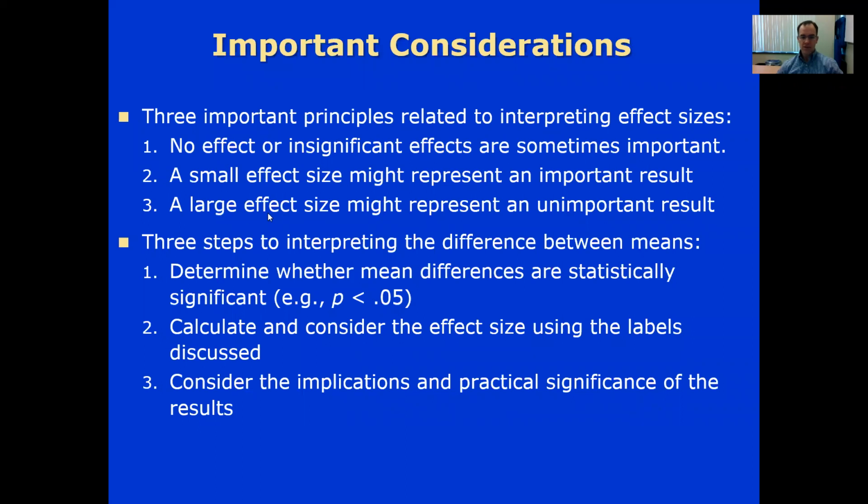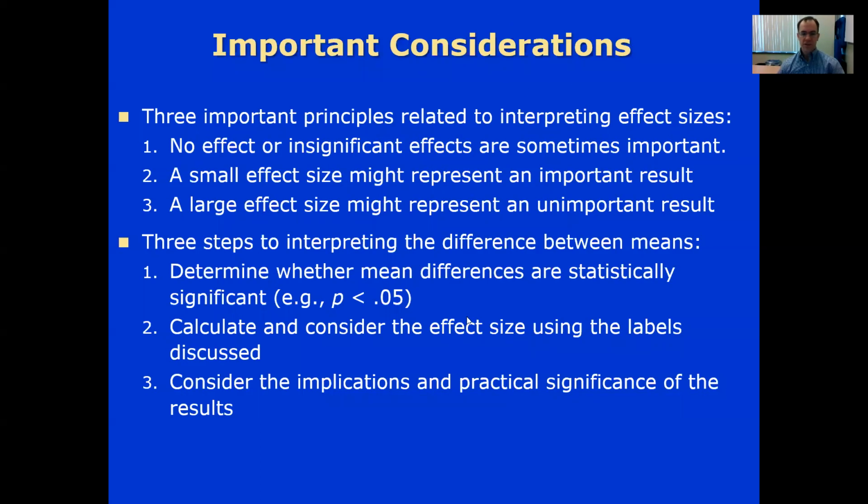Now, thirdly, a large effect size might represent an unimportant result. Say, for example, you might have an effect size of 0.8, which is a large effect size, but you'd have to take into consideration the amount of time, cost, and effort to get that type of effect size. Is it really realistic for a population to do whatever the intervention might have required to see that effect size? So you'd have to take into consideration, again, more than just the effect size in these interpretations.